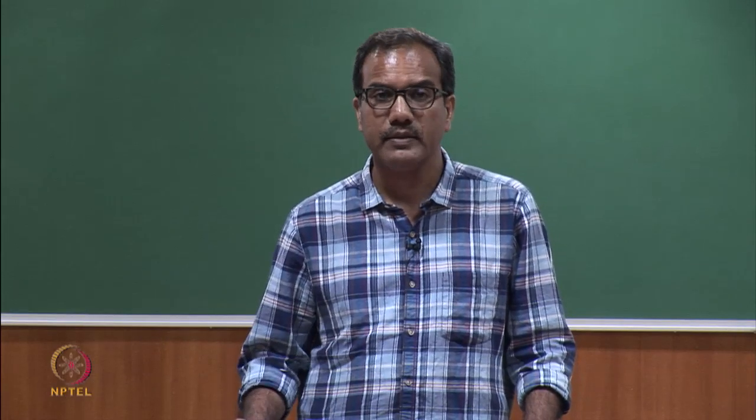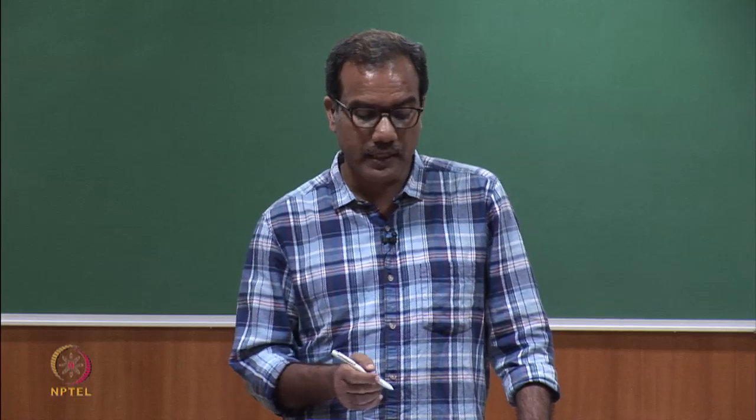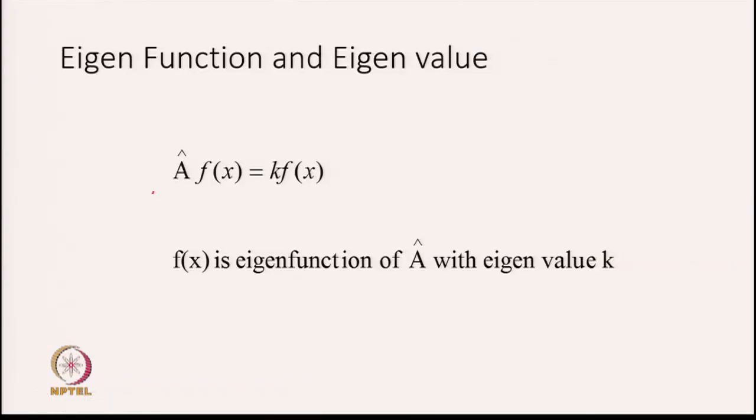So here is your operator A. When you apply it to a function f(x), it gives a constant multiplied by f(x). If it does that, then f(x) is called an eigenfunction of A with eigenvalue k.